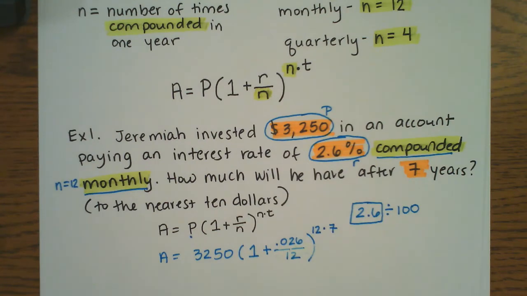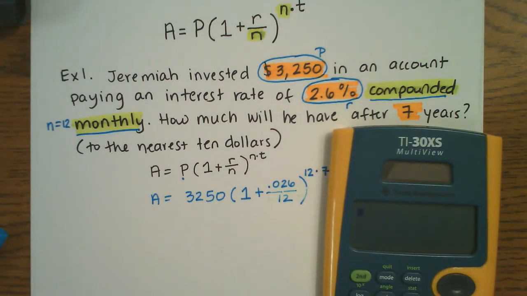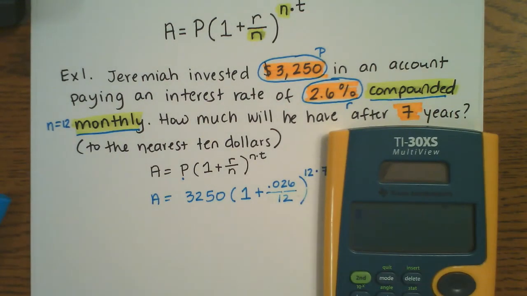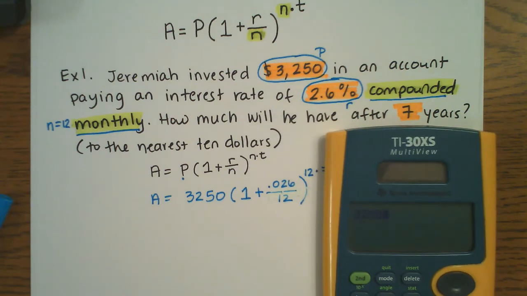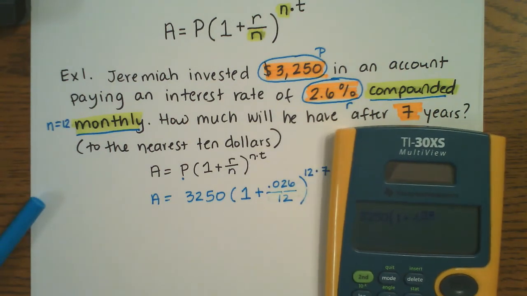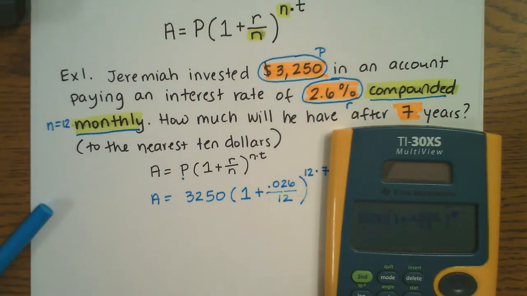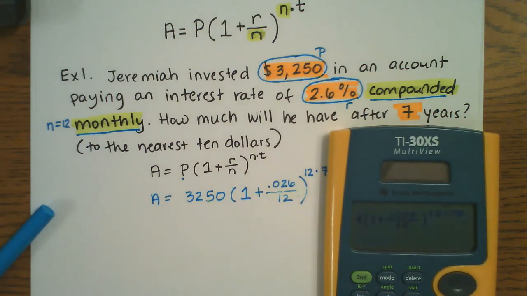Here's my calculator. 3,897.99. That sounds good. 3250 times 1 plus 0.026 over 12 to the 12 times 7.